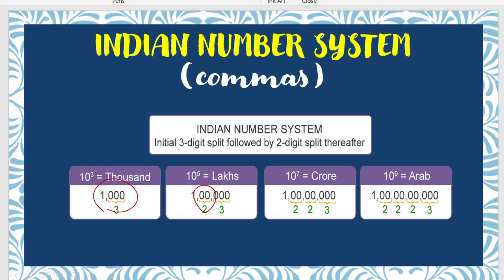In the Indian number system, you put a comma after the first 3 digits, then every 2. Plus, minus and multiply are performed from the ones place, so we count from the ones place: a comma after 3 digits, then every 2 digits. Okay, this is the number system.